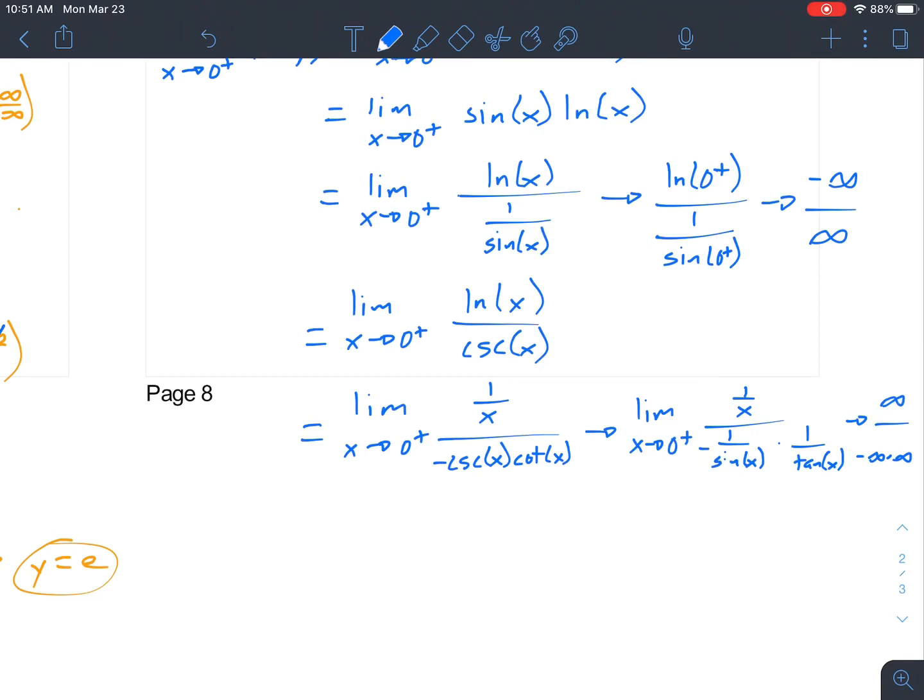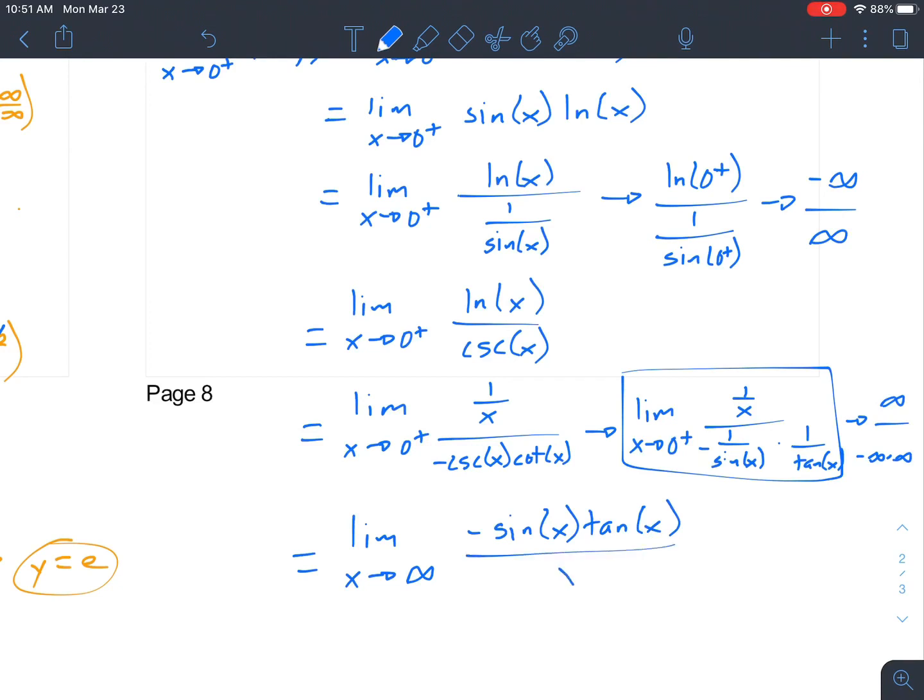Now, one thing I'm noticing is that we could simplify this into one fraction instead of having a fraction over a fraction. So let's go ahead and take this part and turn that into, let's see, negative sine of x, tangent of x, all over x.